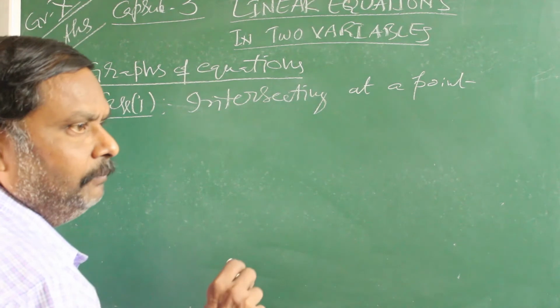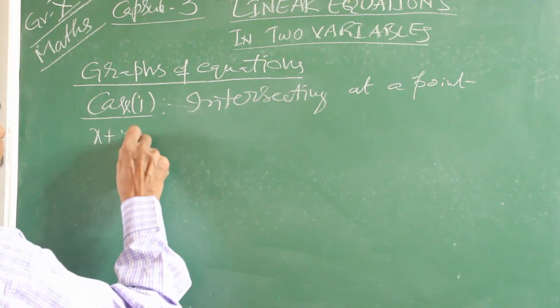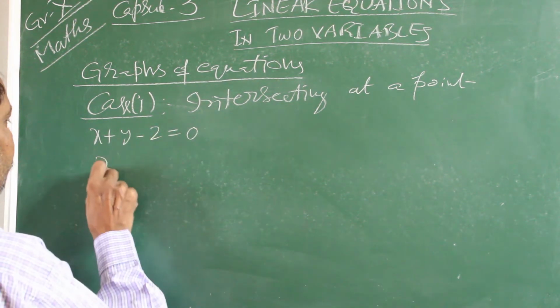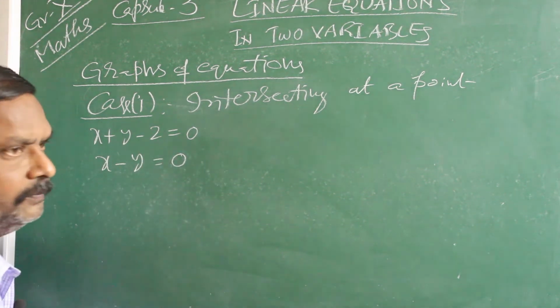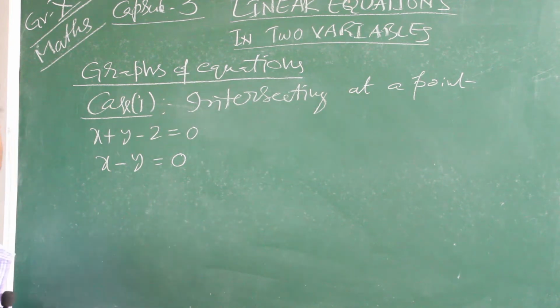Let us take two equations, x plus y minus 2 is equal to 0 and x minus y is equal to 0. I have taken two simple linear equations in two variables.